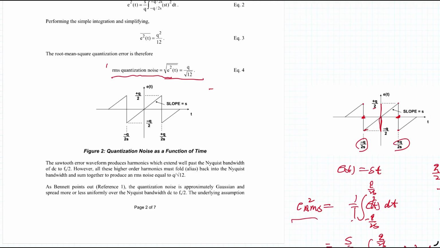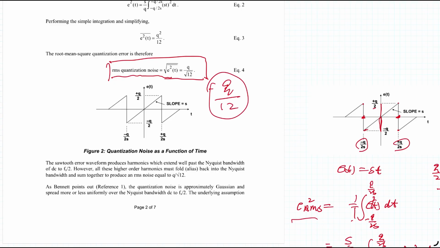This is a very important, very famous equation, because once you know the RMS value, the squared RMS value is basically the variance of the signal.